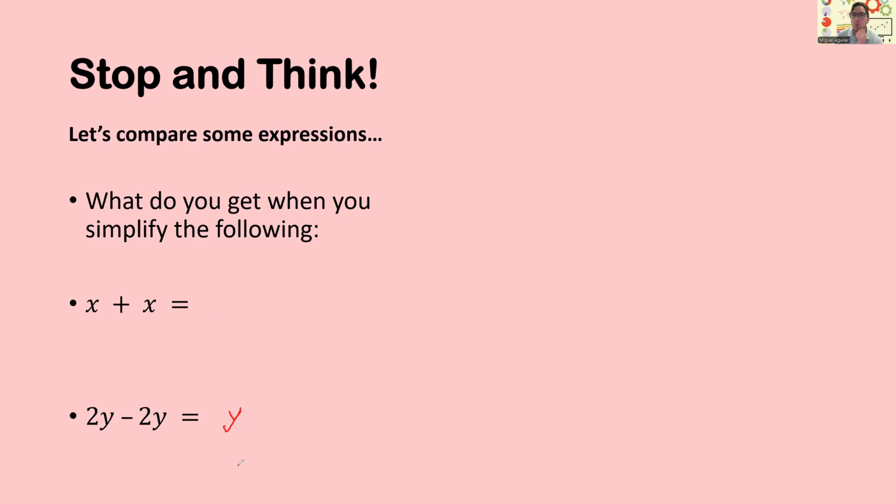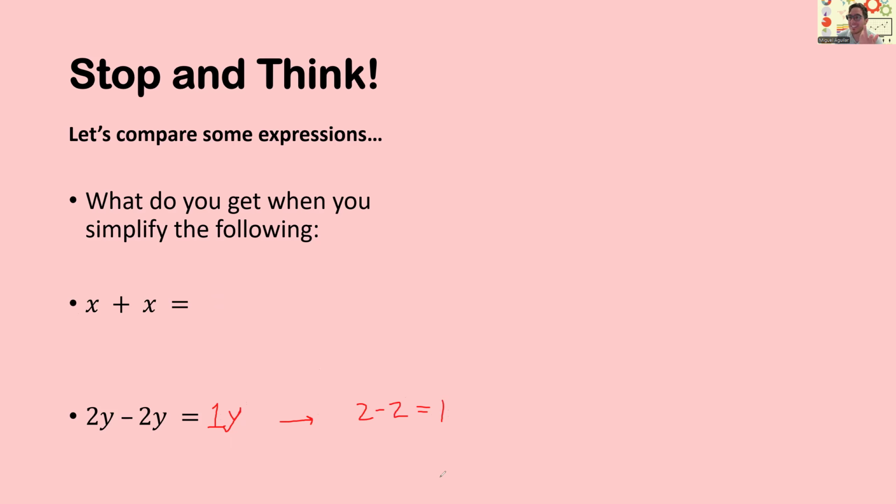If I have just a y, what's the coefficient? A 1. It's an understood 1. So if you tell me that the answer is 1y, what you're telling me is actually that 2 minus 2 is equal to 1.